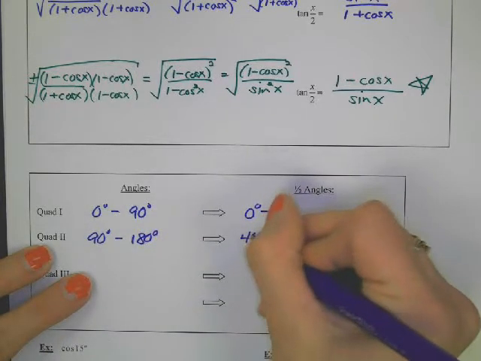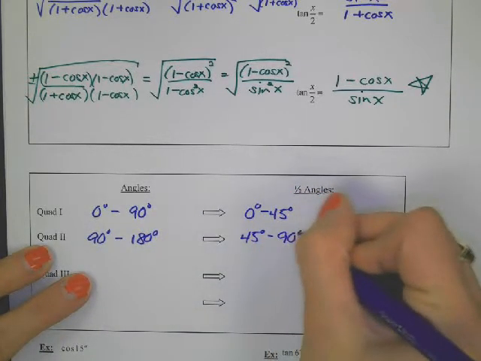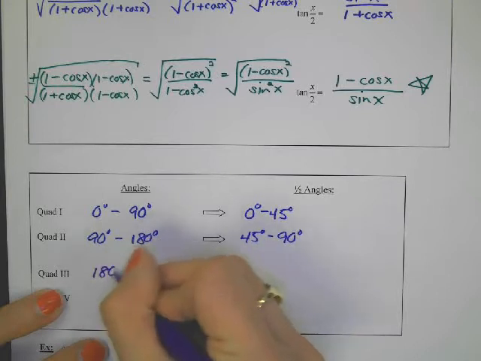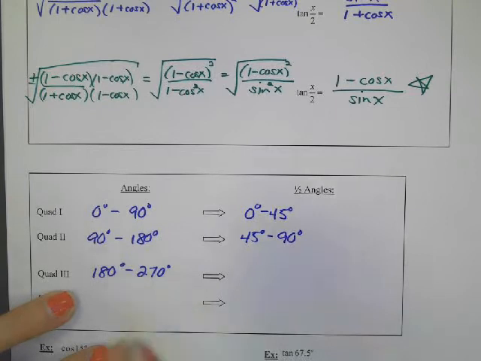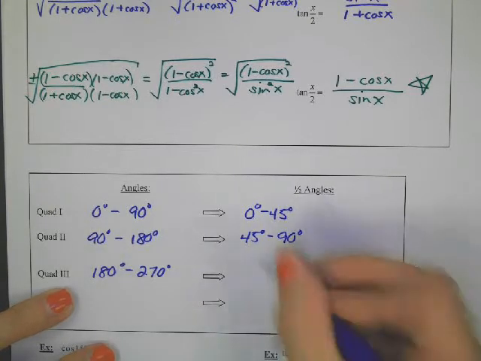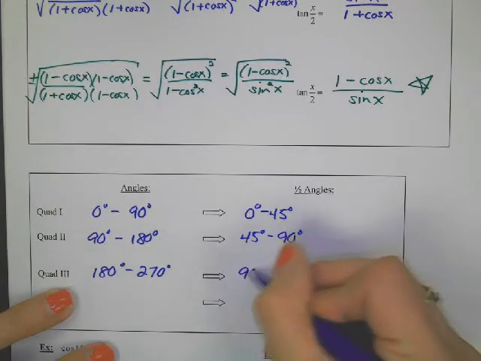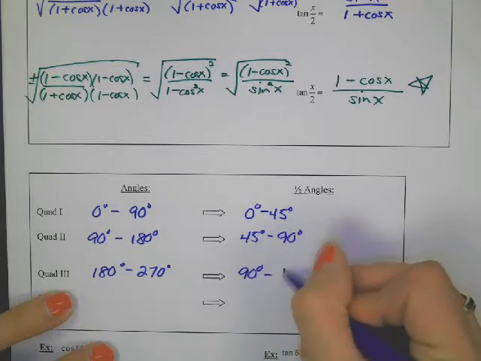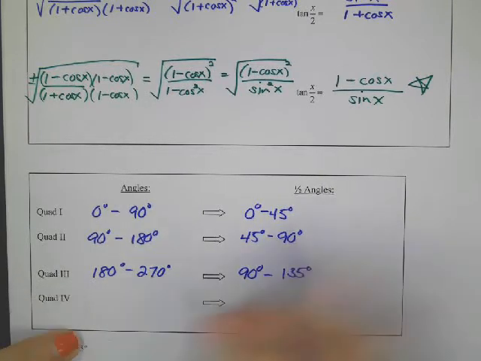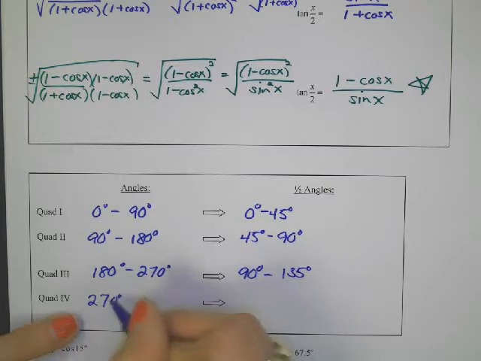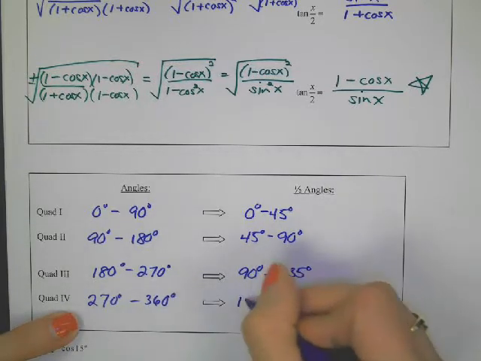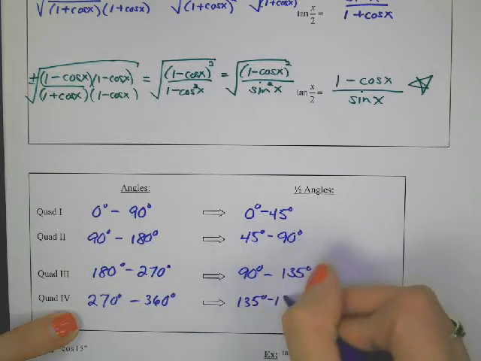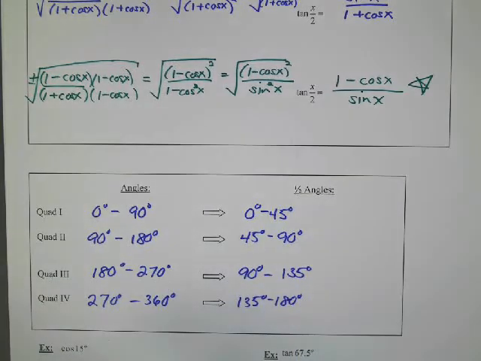Half of 90 is 45 to 90. Angles from quadrant 3 are between 180 degrees and 270 degrees, and if you chop them in half, how much do they measure? They're between 90 and 135. And angles from quadrant 4 are between 270 and 360 degrees, so half of that would be between 135 and 180.